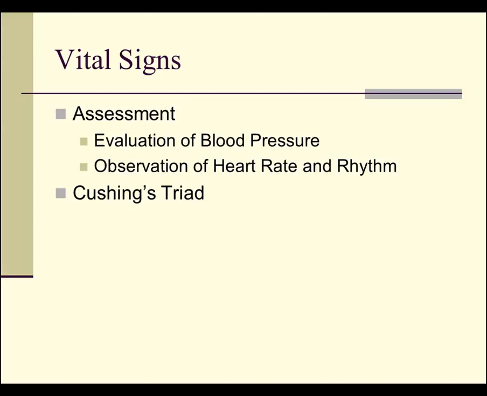And then you have Cushing's triad, which is a classic but late sign of increased intracranial pressure. This is manifested by severe hypertension with a widened pulse pressure and bradycardia. And this concludes your physical assessment of the neurologically impaired patient. Thank you.